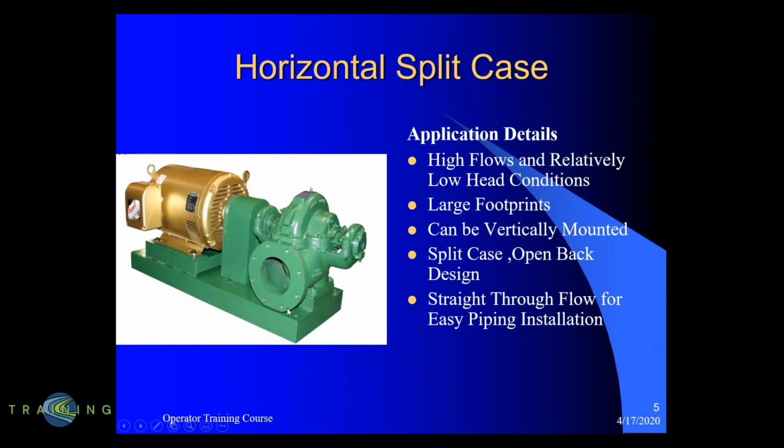As you can see, this is a horizontal design, but it can be vertically mounted with a different type of bracketing installation guide, so that it can be put in a smaller footprint and the flow is straight through, which makes for an easy piping.